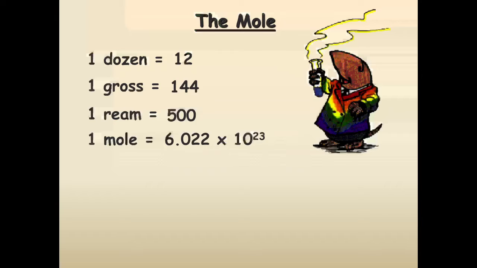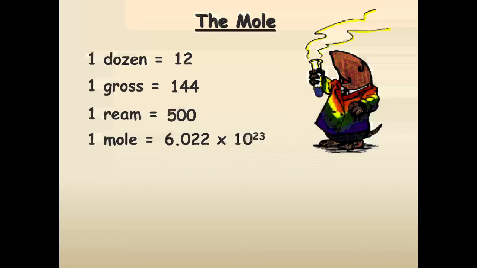And the mole, remember, is a counting unit. So like a dozen means 12, and a gross means 144, a ream means 500. A mole is 6.022 times 10 to the 23 pieces. And so that's just a number that it equals.